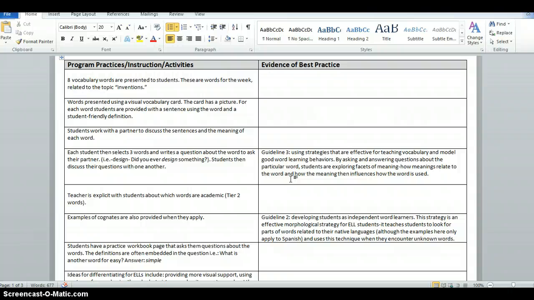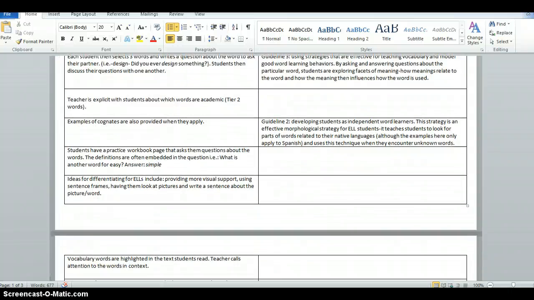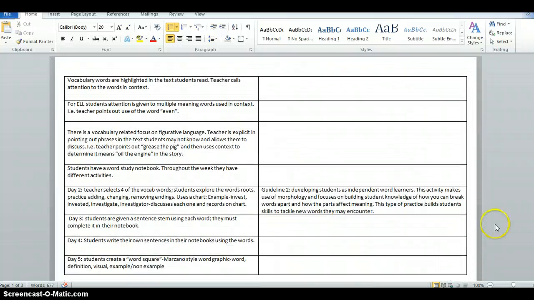So I noticed as I was reading, I actually started down here I found Guideline 2. So Guideline 2 is developing students as independent word learners, and morphology is a big part of that, so teaching them the morphological strategies.